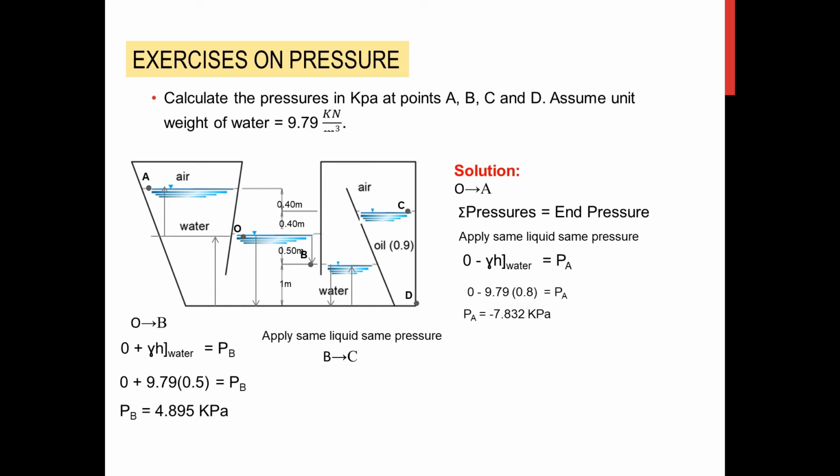Now we approach B to C. So from that surface, we now proceed to C. And remember that gamma of air compared to that of any liquid is very negligible. So therefore, if we add gamma H of that air, that would have a very slight effect or negligible effect on the values. Hence, we can say that the pressure at B is equal to pressure at C.